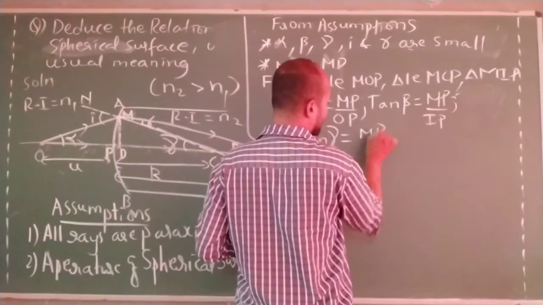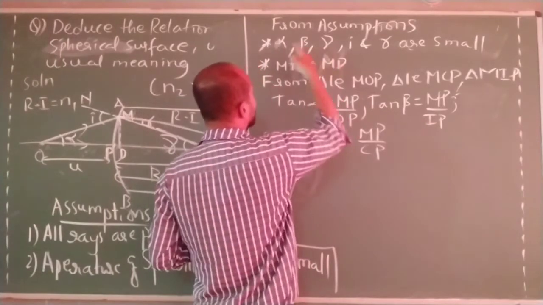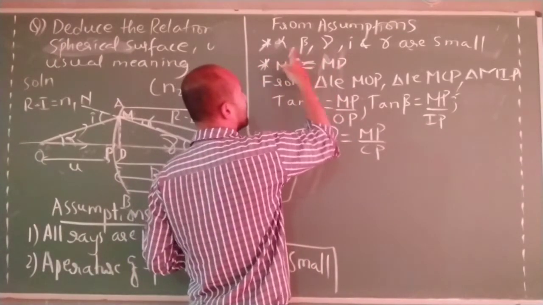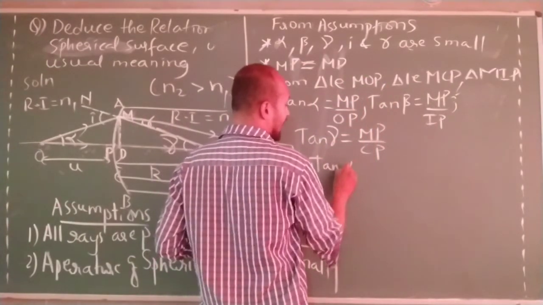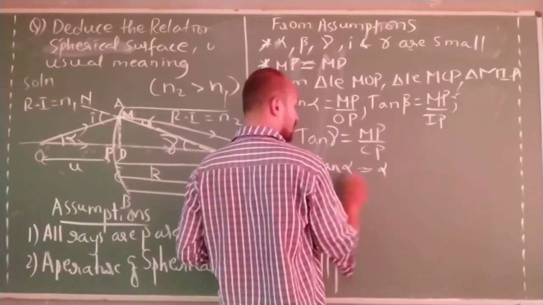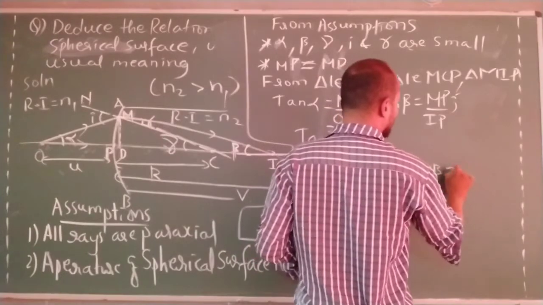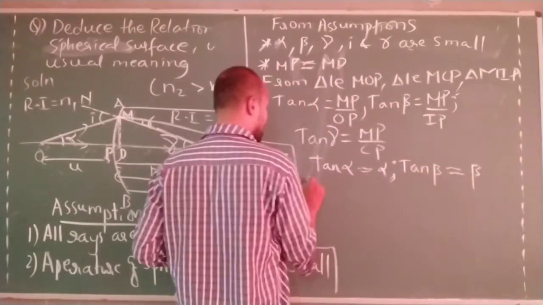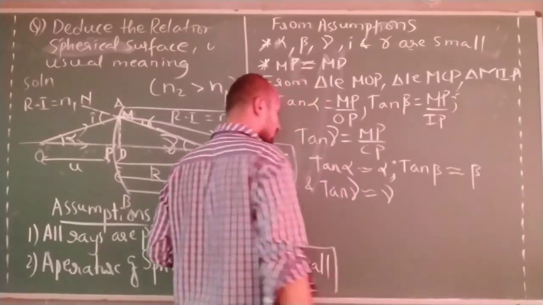Since alpha, beta and gamma are small, I can write tan alpha is nearly equal to alpha, tan beta is nearly equal to beta, and tan gamma is nearly equal to gamma.